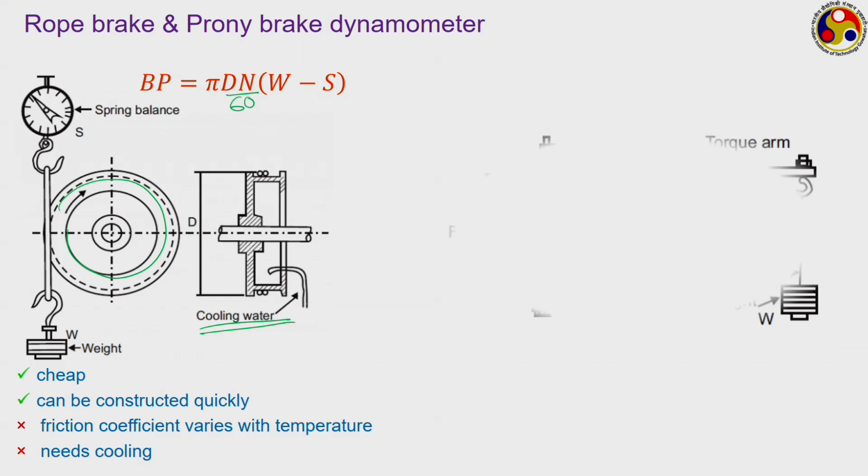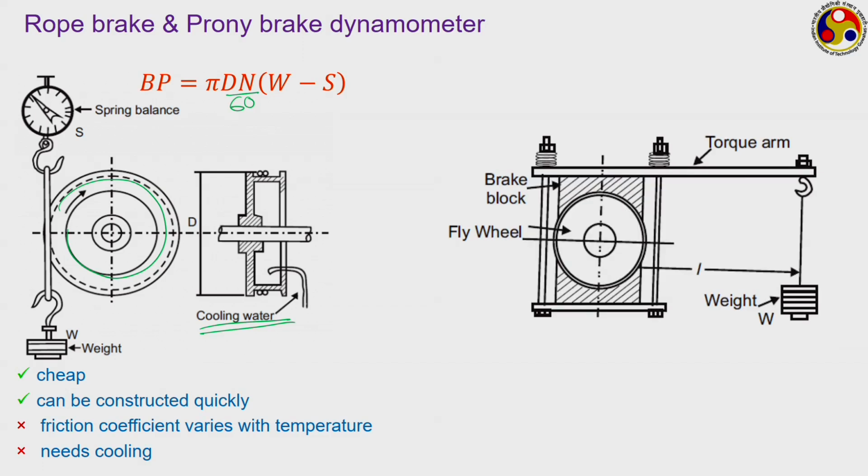And the other variation of this one is a Prony brake. In case of a Prony brake, we have two brake blocks, generally wooden blocks, one here, another one there. By suitable application of these nuts and bolts, we can apply them on top of this flywheel or shaft.